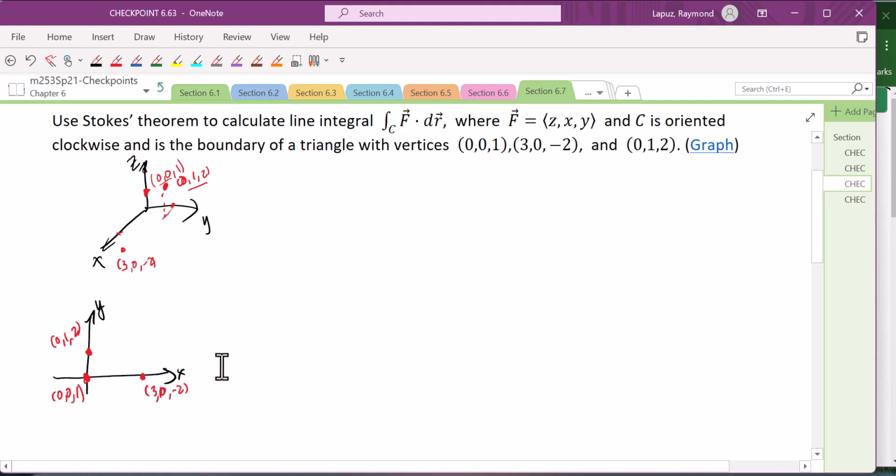Now that we have that, we can better define the orientation. If it's going in a clockwise direction, we should go up along the y, then from the point 0, 1 to 3, 0, and then back to 0, 0.